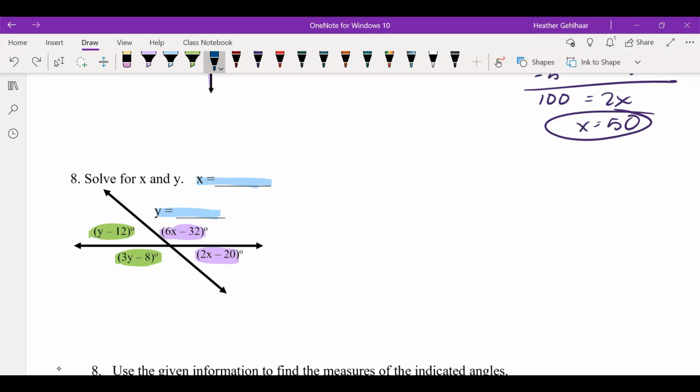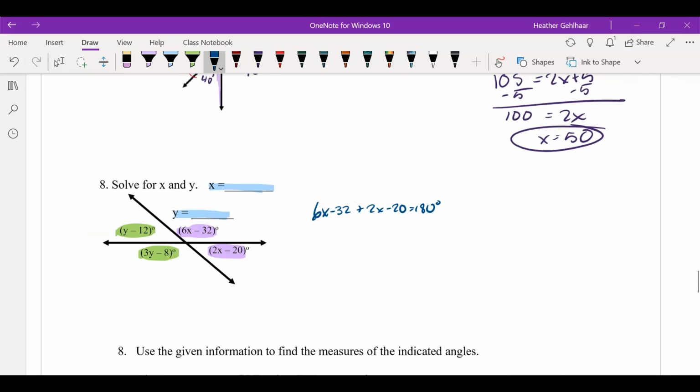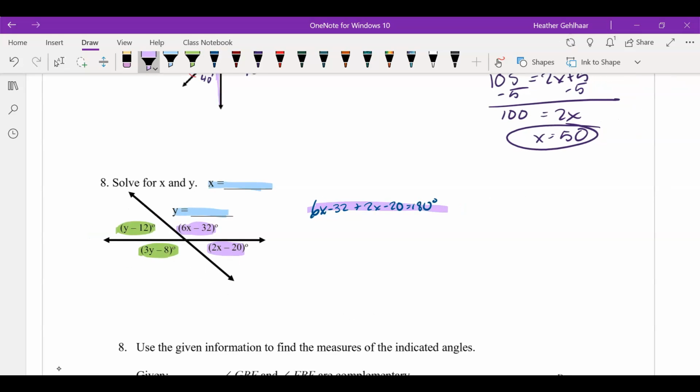But what we can do is 6x minus 32 plus 2x minus 20 equals 180 degrees. So this is our x's, and then for our y's, we can also do y minus 12 plus 3y minus 8 equals 180 degrees as well.